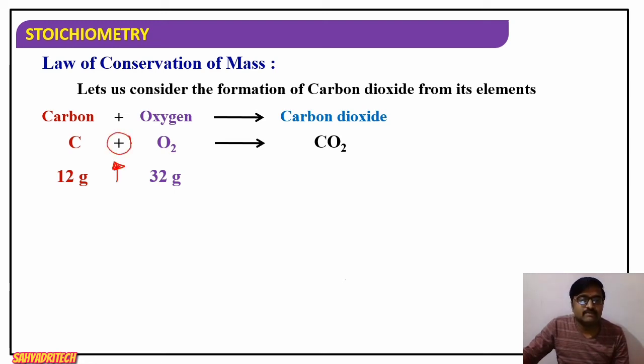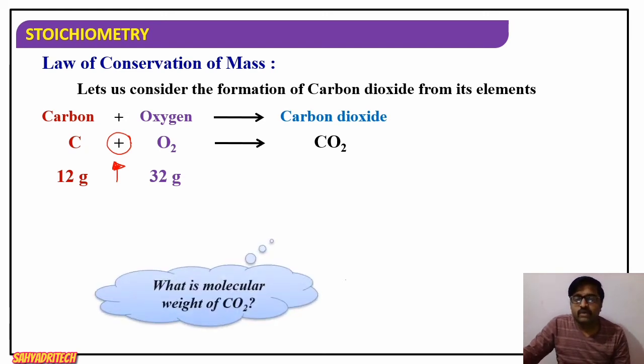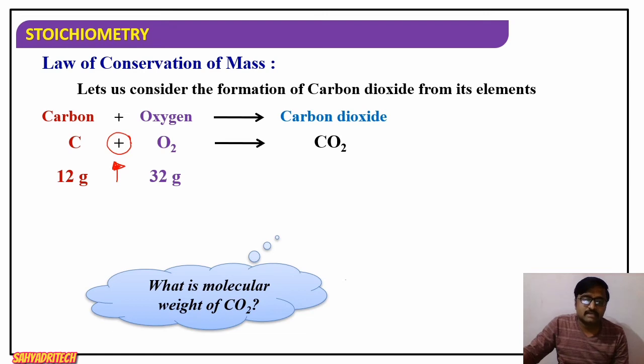12 gram of carbon reacts with 32 gram of oxygen, and gives rise to what? Carbon dioxide. Then what is the molecular weight of carbon dioxide? C plus O2, one carbon and two oxygen atoms.